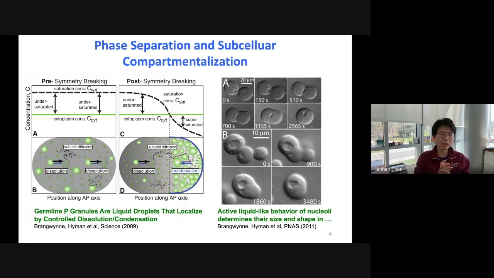But one of the major discoveries was made in 2009 by Clifford and Hyman. What people know is that there are a lot of so-called protein-RNA bodies in our cell, such as the stress granule or nucleoli that happen when the cell is under division.